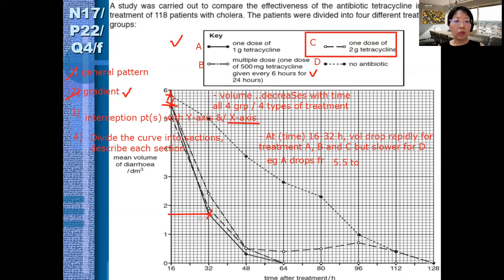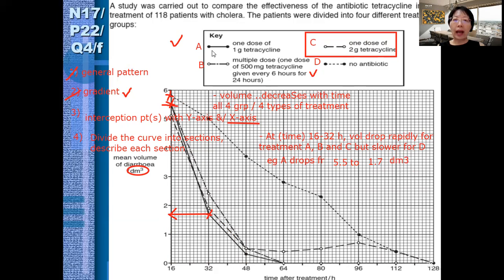Make sure this is a horizontal line parallel to your X-axis, and then you read accurately. This one looks like 1.7. So you write 1.7, and remember to write the unit of the volume, which is decimeter cube.